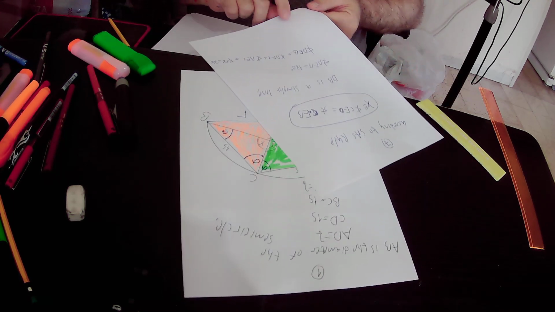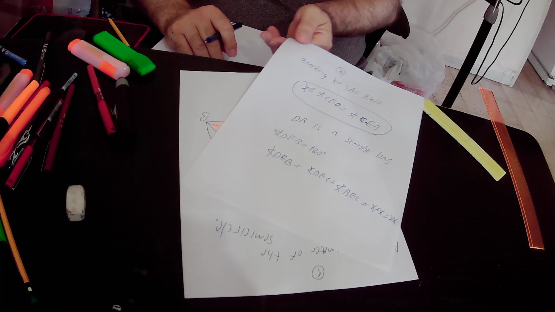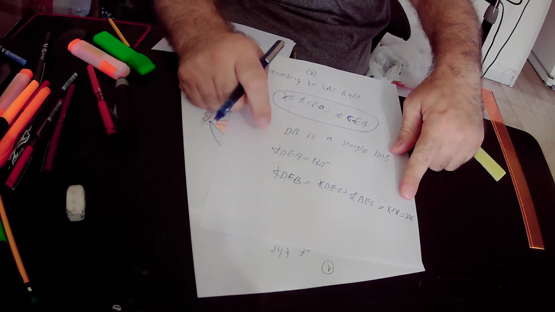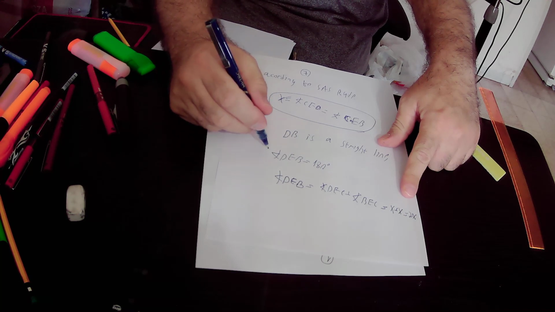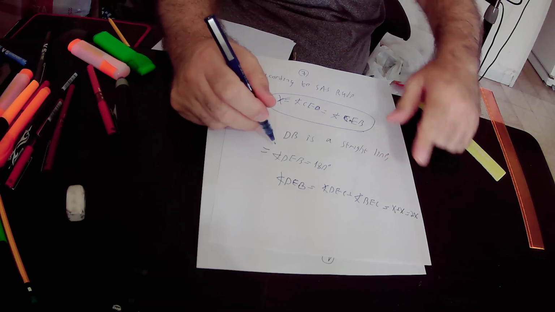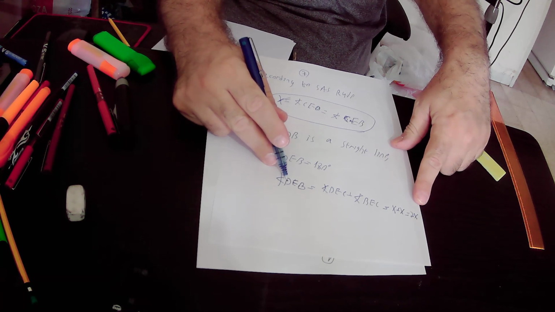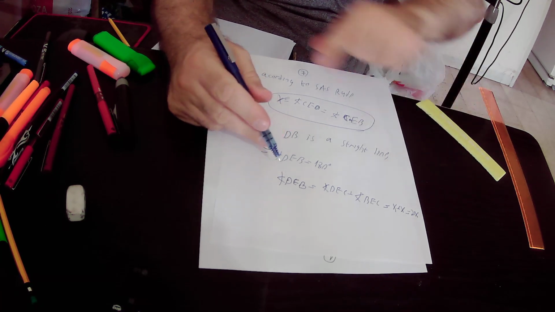So we found out that angle DEB equals 2x. Okay, so here we can add that angle DEB also equals 2x.